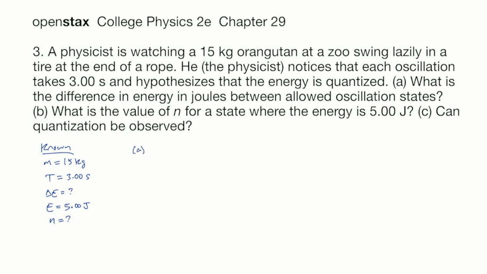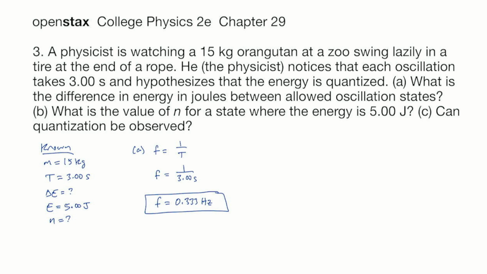Okay, so let's go for frequency first, and frequency is 1 over the period. So the frequency is going to be 1 over 3.00 seconds, and that gives a frequency of 0.333 hertz.